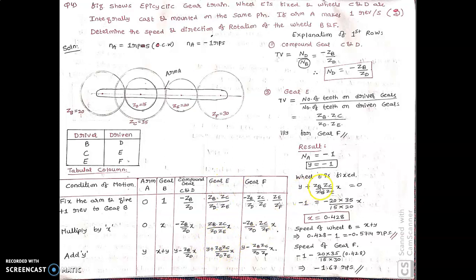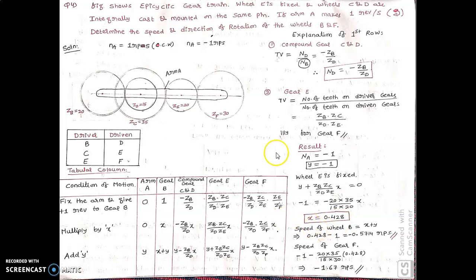This much quantity is equal to 0. That's why y plus this quantity is equal to 0. Then y is equal to minus; if you take this term to that side, it is minus. Then minus 1 equals, write down all the teeth values. Here all the teeth values are mentioned. Put all these values and you will get x equal to 0.428.